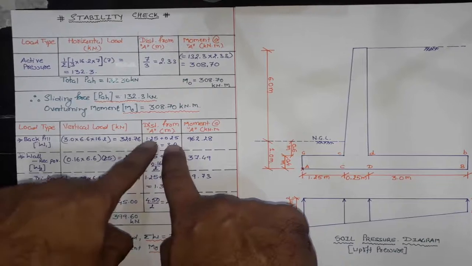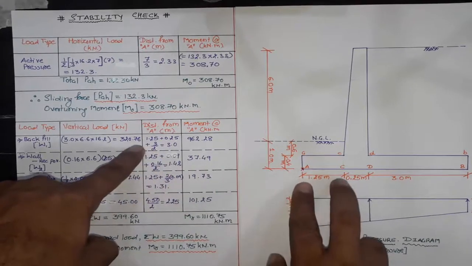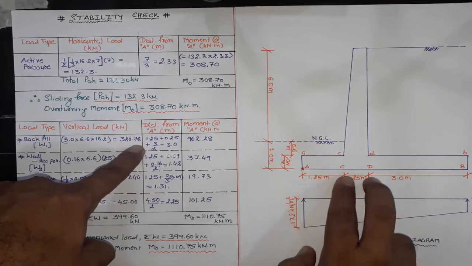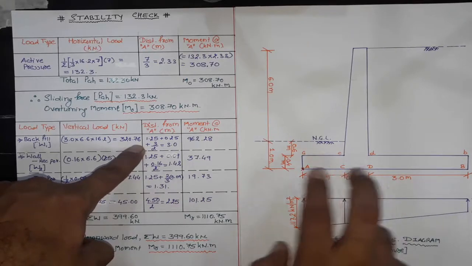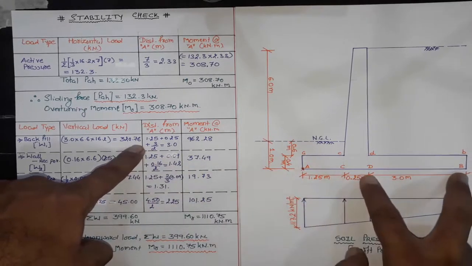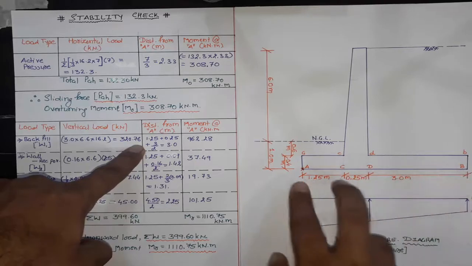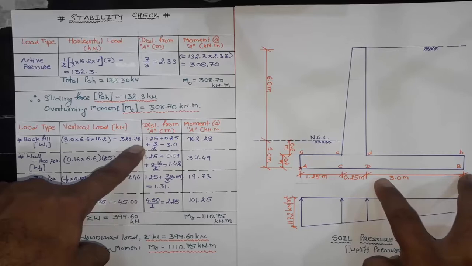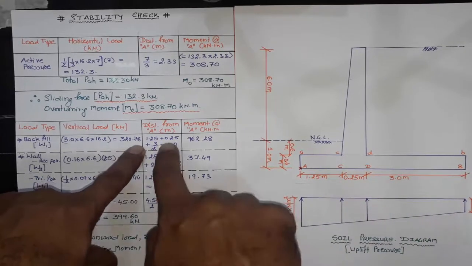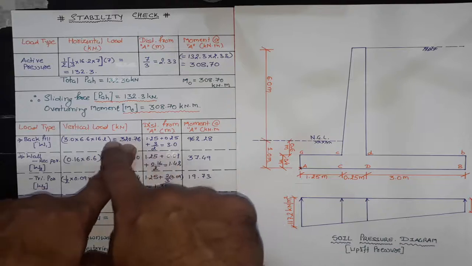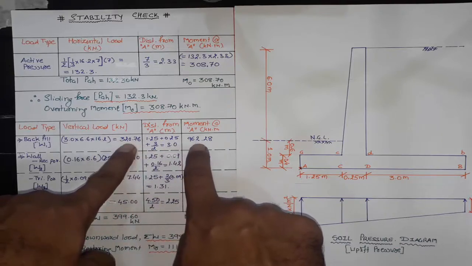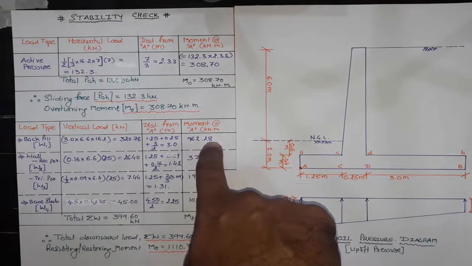Its CG distance will be equal to 1.25 plus 0.25 plus 3 by 2. This comes out to be 3 meter. Multiplication of these two values, 320.76 into 3, comes out to be 962.28 kilonewton meter.